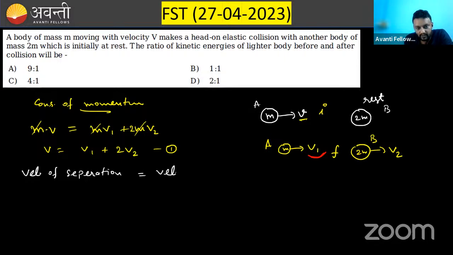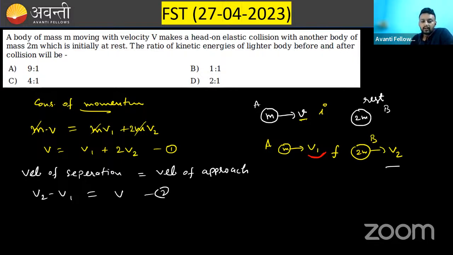This is the punchline that we have studied in the class of collision. So velocity of separation is what? This is moving with V2, this is moving with V1 in the same direction. So velocity of separation is nothing but V2 minus V1 is equals to velocity of approach. Approach means with what velocity they are approaching towards each other. So they are approaching with velocity V towards each other. This is equation number 2. Two unknowns, two equations, we can solve it.